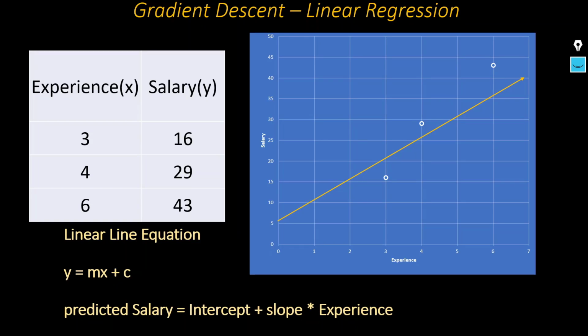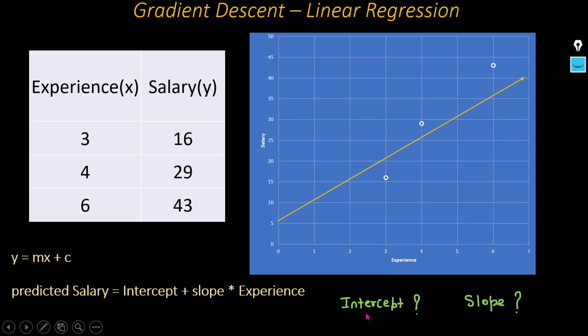For that, let's understand the linear equation. This is the linear equation y is equal to mx plus c. If I want to predict the salary, how can we write the prediction equation? The prediction equation will be predicted salary equal to intercept plus slope times experience. So if I know the intercept and slope, then I can draw the best fit line.